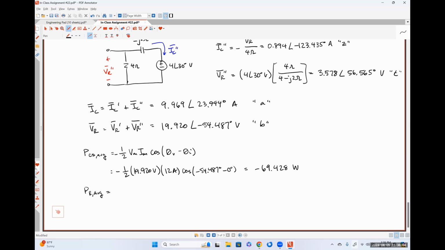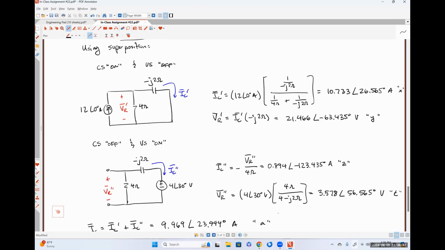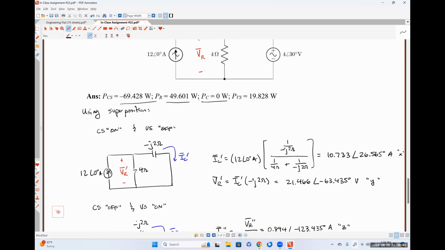We know the voltage drop. Yep. So my relationship should just be 1/2 VM squared over R. So that's 1/2 19.920 volts squared divided by 4 ohms. So 19.920 squared divided by 2 times 4 is 8, 49.601. Just double check that. And there we go.